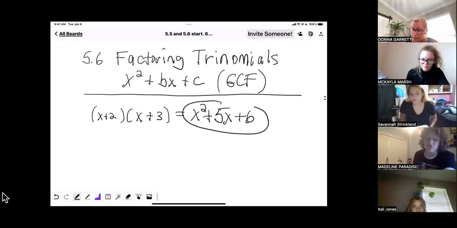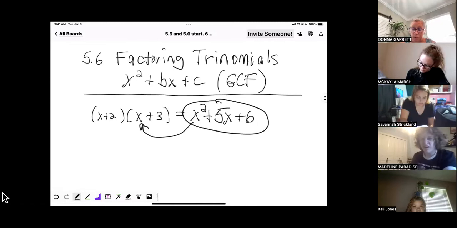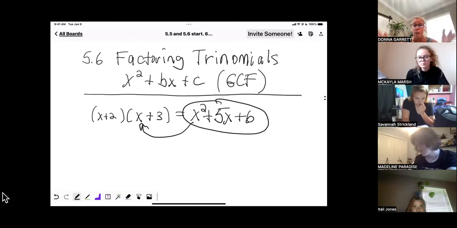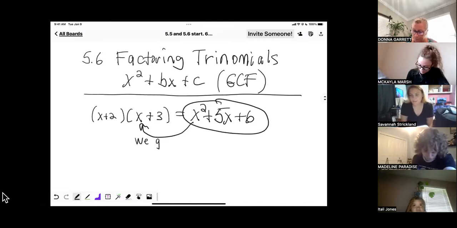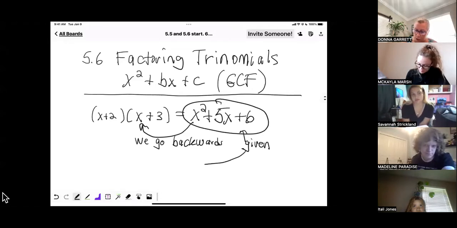I give you this and you find that. That's what it means by factoring. We go backwards. I give you the multiplied out form, and you're going to find how to put it in parentheses. You're given this, and you have to find this.